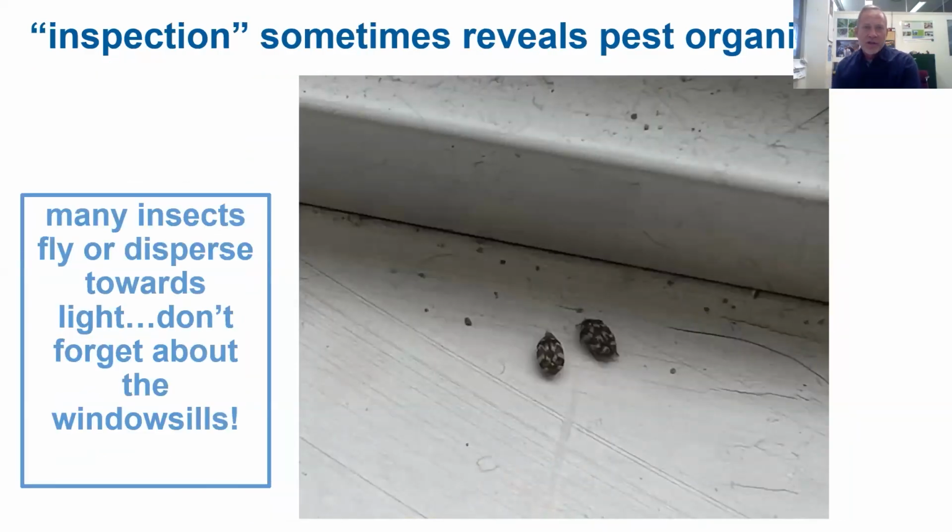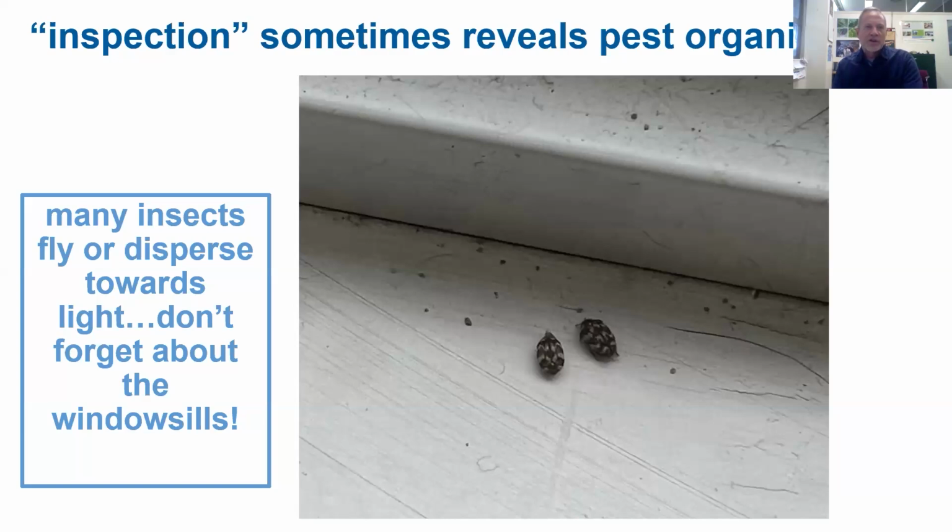Sometimes your inspection will reveal the pest organism itself. If I'm doing an inspection, I'm looking for the pest that's been reported, but I'm also looking for other things. And so if you're inside, don't forget to look on windowsills.